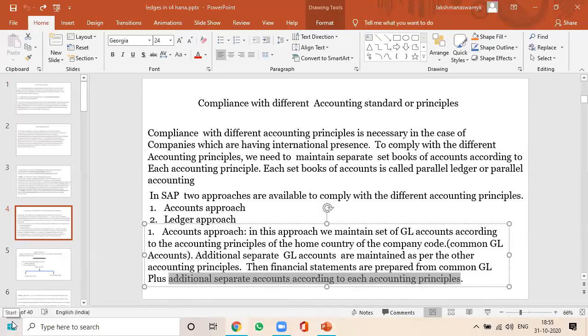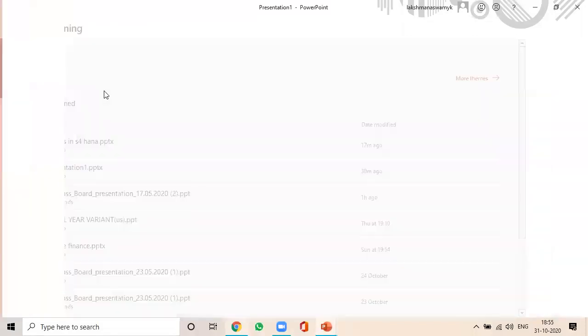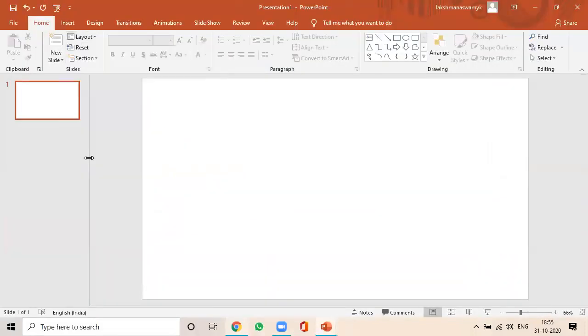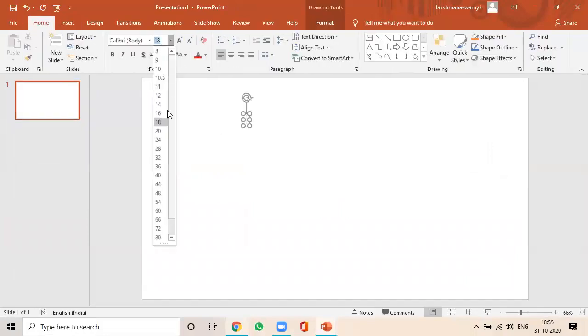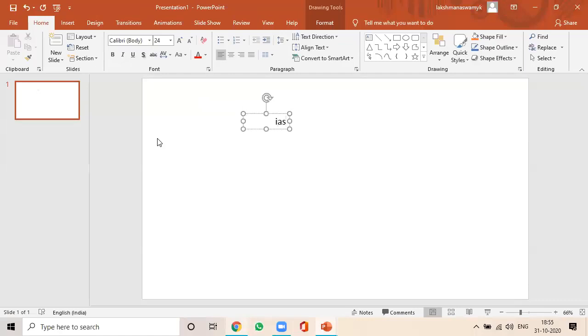That means our company code is in India, right? So we have IAS, Indian Accounting Standards.